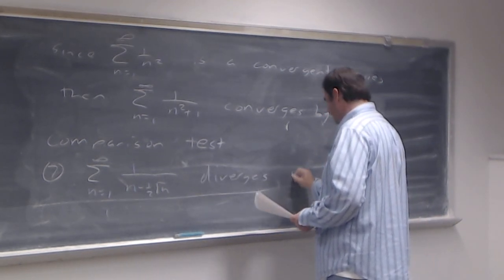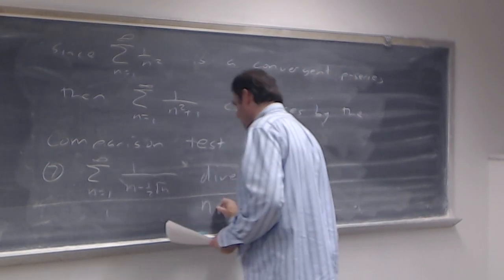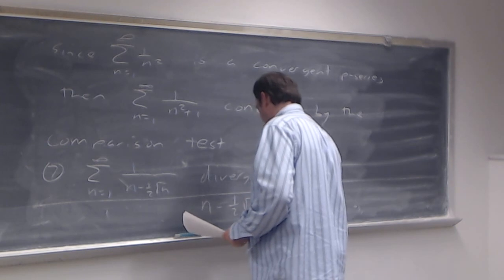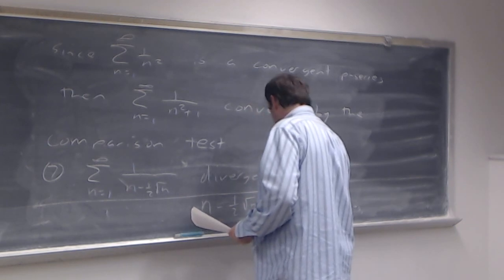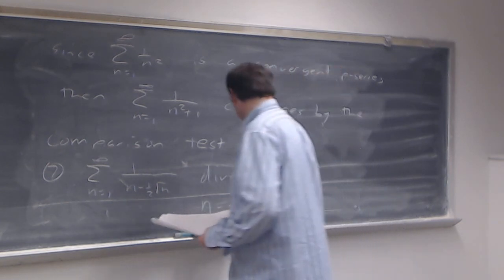So here the first thing to do is to note that n minus 1/2 the square root of n is going to be less than n. That's true for all natural numbers.